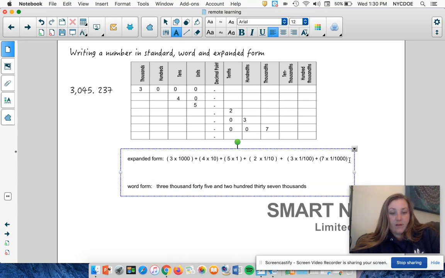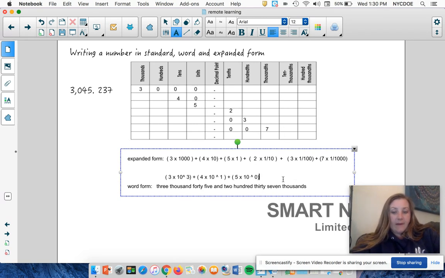I have 3 times 10 to the power of 3, plus 4 times 10 to the power of 1, plus 5 times 10 to the power of 0, parentheses, okay?